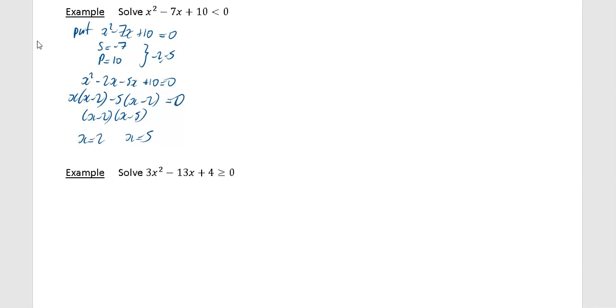Okay, you have not done the answer just yet. What we've done so far only allows you to sketch what this quadratic looks like. So we're now going to sketch that. Just write down the word sketch. We now know it has roots at x equals 2 and x equals 5, so it crosses the horizontal axis at those 2 points.